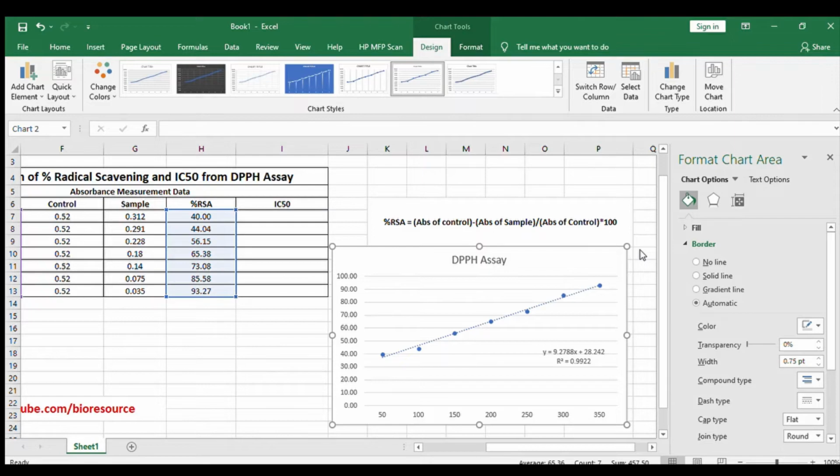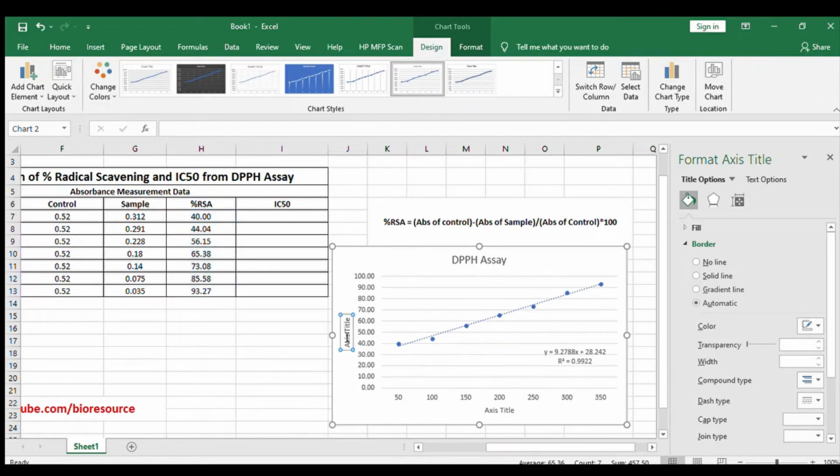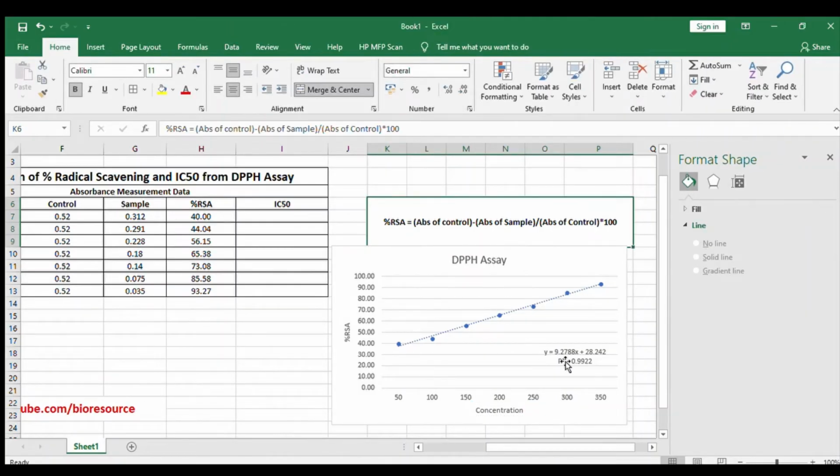So now we can insert the axis titles. This is percentage RSA, and on the x-axis we have the concentrations, in microgram per ml. Now we have the values here because we have the slope and intercept value.